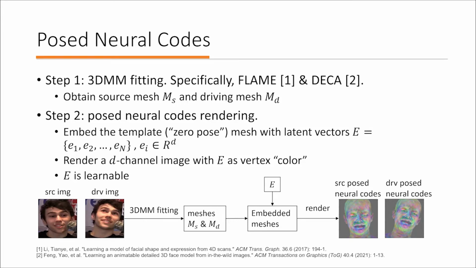If we have n vertices, we end up with an embedding matrix E, whose shape is n by d. Finally, we take the embedding vector of each vertex as its color and render the d-dimensional image, and this d-dimensional image is the pose-neural codes. The whole process is differentiable, so all this set of embeddings are learnable at training time.